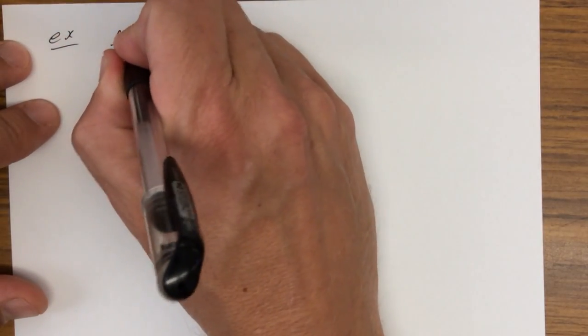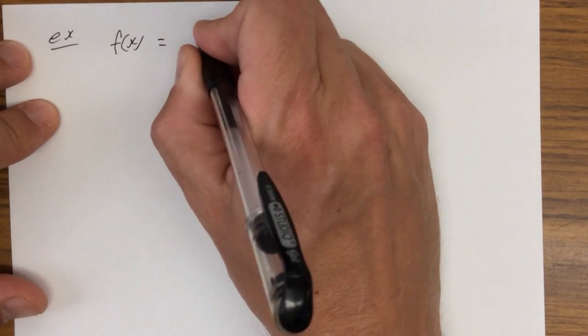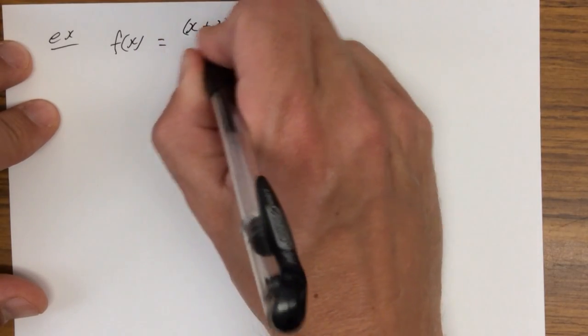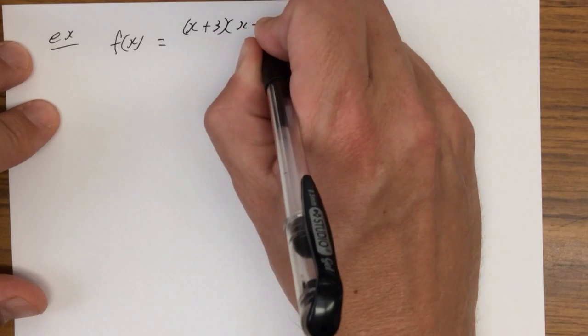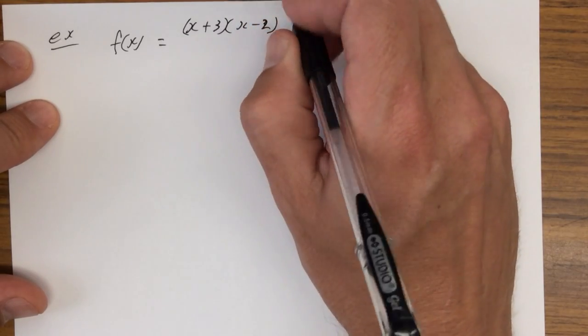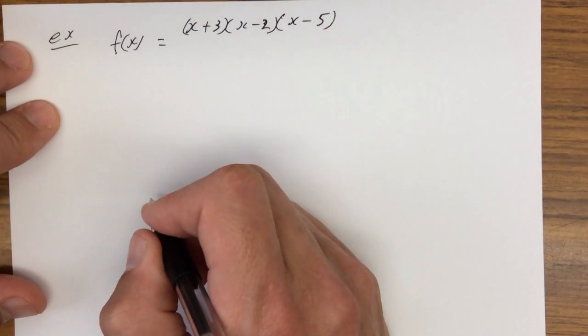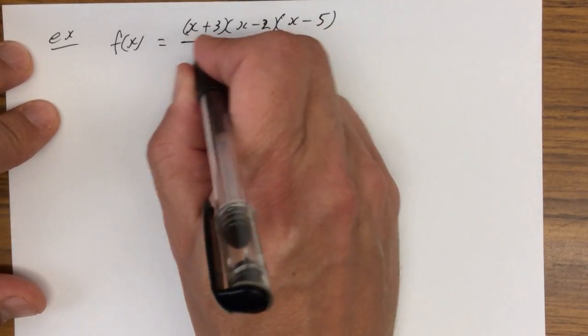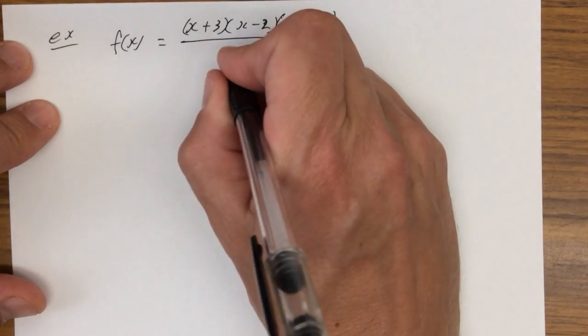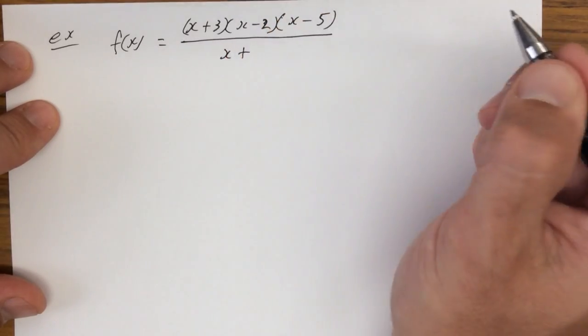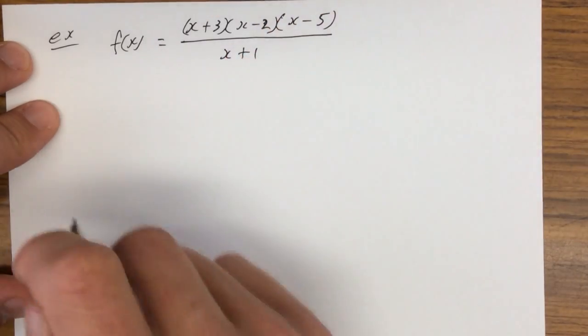So f of x equals (x plus 3)(x minus 2)(x minus 5). Make it a cubic on the top, and then a linear on the bottom, simply x plus 1.